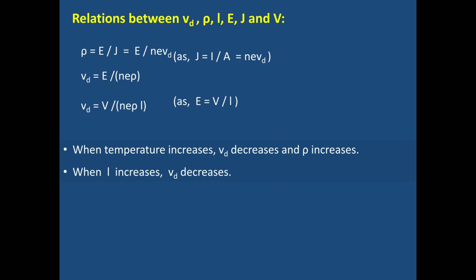When temperature increases, drift velocity Vd decreases and resistivity, that is rho, increases. When length increases, drift velocity decreases. So these are the relations between all these physical quantities.